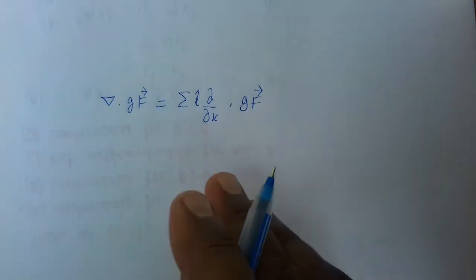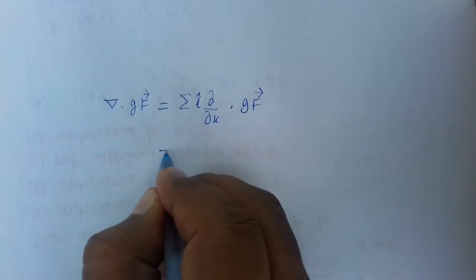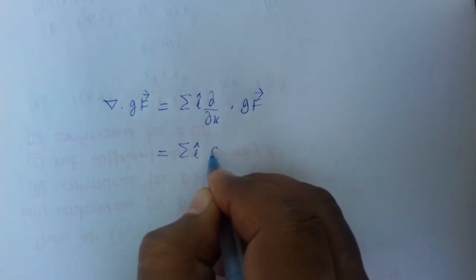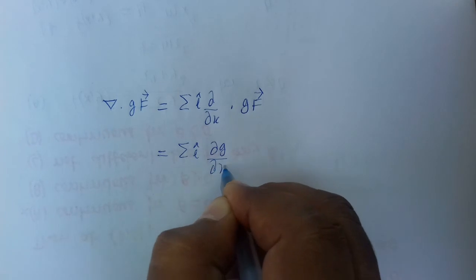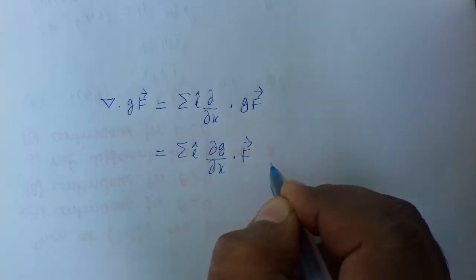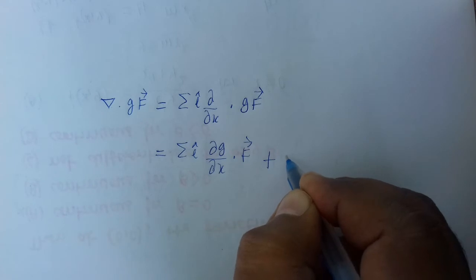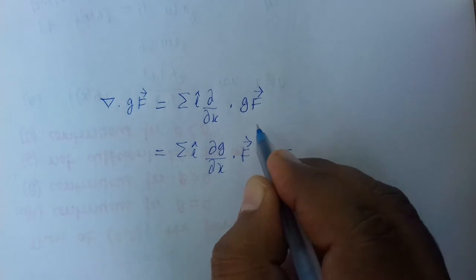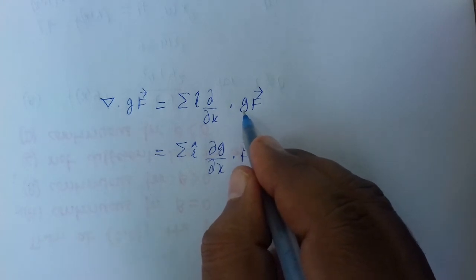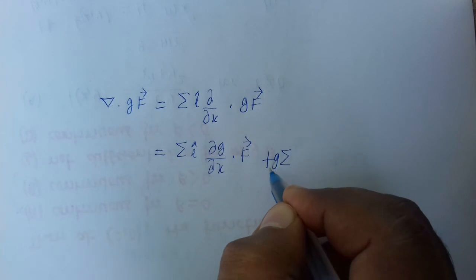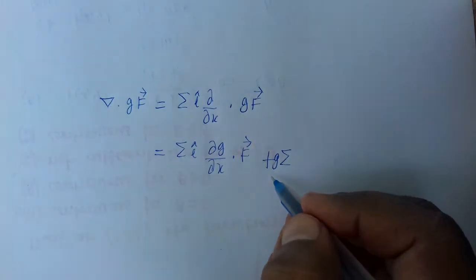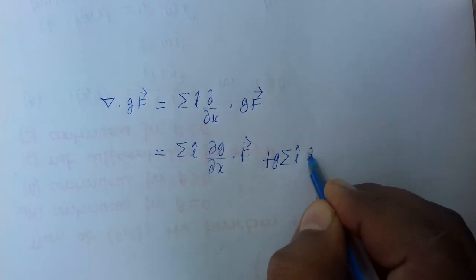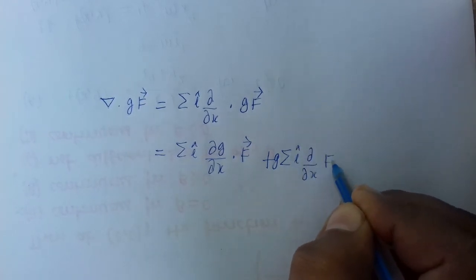Now this again can be written as sigma i cap del G by del x dot F plus sigma, here G is a scalar, so this can be taken out, G this time, and this can be written i cap del by del x F.